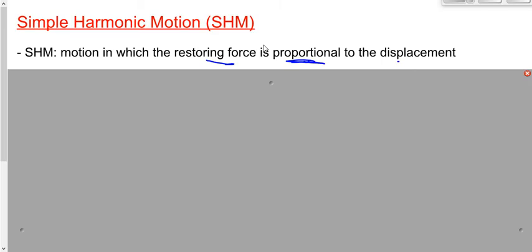In other words, right now, there's a certain restoring force that pulls it back. Right now, there's a bigger restoring force that pulls it back because the displacement is bigger. Right now, the displacement is even bigger, so the restoring force is even bigger. Motion in which the restoring force is proportional to the displacement. Now, what does that mean for us? Like, what does that really mean for us?